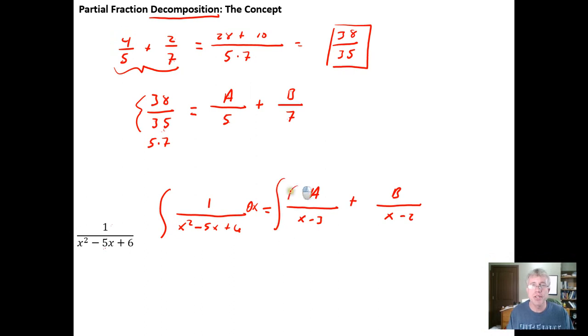What if it turns out that the individual ratios are easier to integrate than the ratio that you started with? And this is the idea behind partial fraction decomposition. Take a ratio of polynomials, figure out how the denominator factorizes, come up with a set of guidelines for figuring out what the numerators need to be, and then look at the resulting sum and see if the individual ratios are easier to integrate than the original ratio.